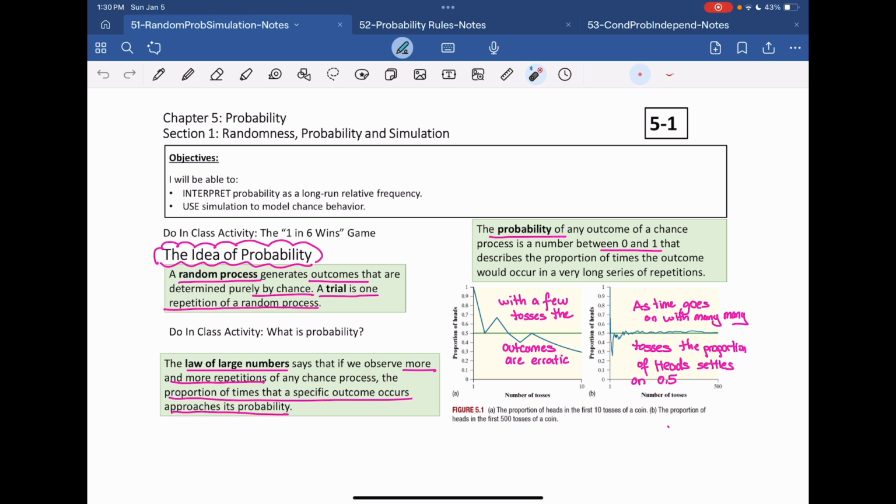It says that the more and more repetitions, the more and more trials are done, the outcomes approach its theoretical probability, its expected probability. Like in this case, the probability of heads will be closer and closer to 0.5. But in the beginning, it's all over the place. And if we zoom in on this little area, this is what that looks like.